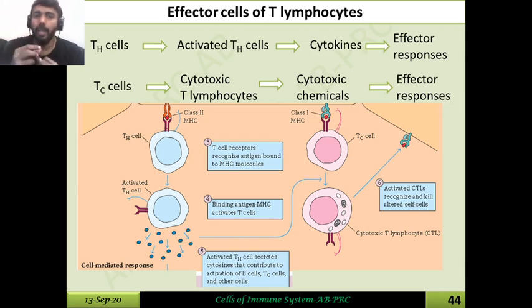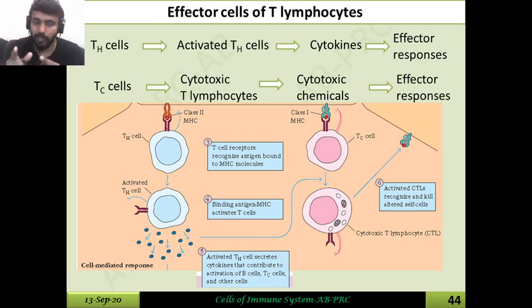the class 1 MHC molecules are present on all nucleated cells, and in a situation where there is a viral attack or there is a tumor development, in such situation the cell is damaged. In those conditions, the self cell will present a self antigen on the class 1 MHC molecule, and the T cytotoxic cell can recognize this class 1 MHC peptide complex on the surface of a self cell, and these self cells are called altered self cells.